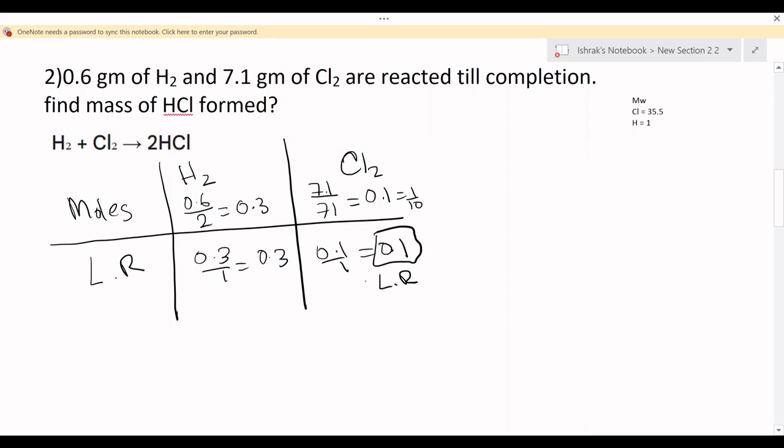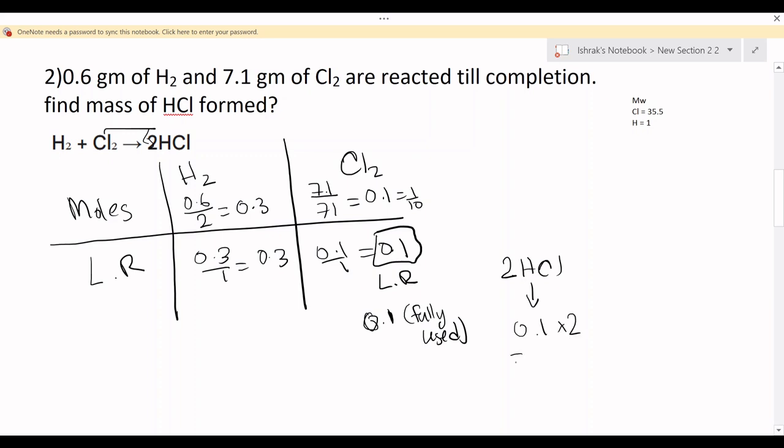We see that 1 mole of this is going to produce double of hydrochloric acid. So if 0.1 is till completion, so 0.1 is fully used. To produce HCl, it's going to be double of that. So 0.1 times 2 gives me 0.2.